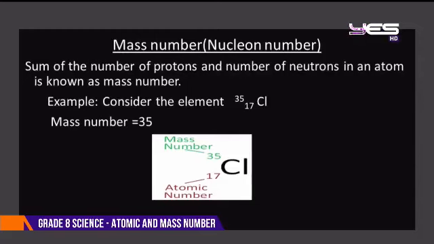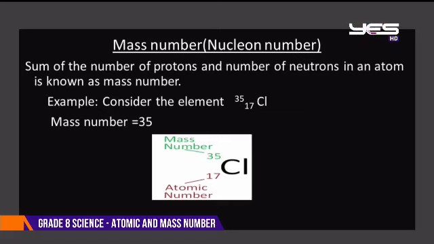Okay, for example, consider the element chlorine atom. Chlorine, what is the symbol? Chlorine symbol is Cl. Then check the left side of the symbol, there are two numbers, one is 17 and another one is 35. We already discussed the 17, that is the atomic number of chlorine atom.